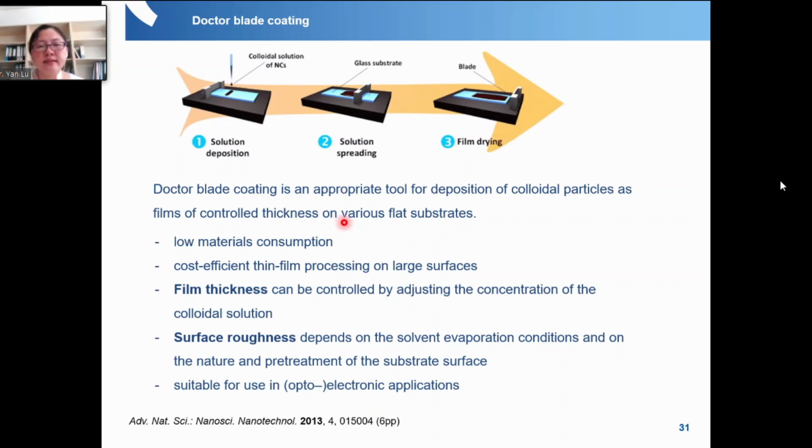The advantage of this method is that you do not need a lot of material. And of course, this is cost efficient. They can also be used for very large surface areas. And by controlling the concentration of the particles, you can also control the thickness of the film.